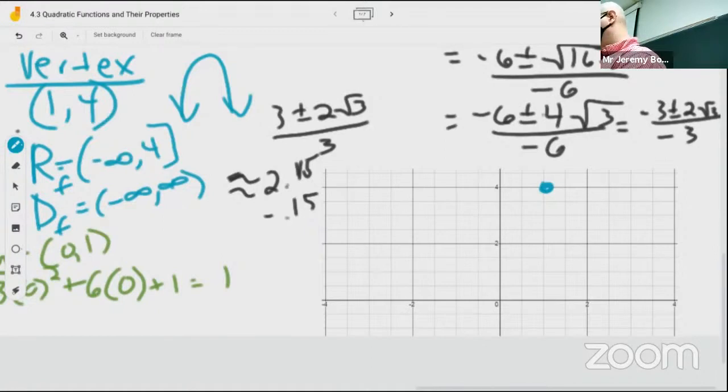So, 1 here, less than a half, it'll probably be close to here. And then you have 2.15, which would be 1, 2, a little bit past 2 there. And so this is basically what your graph will be, and it would keep going.